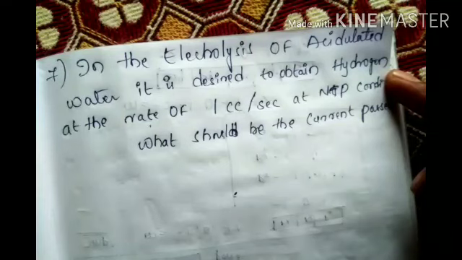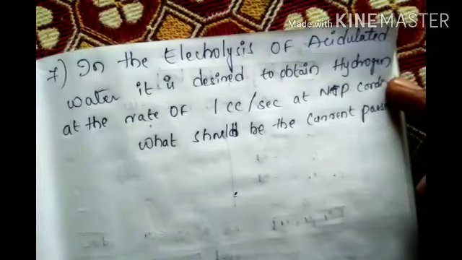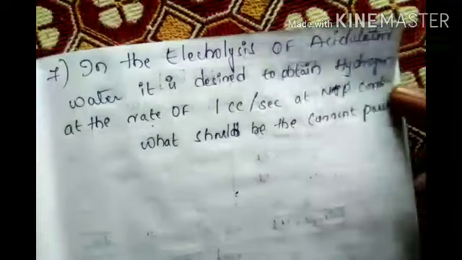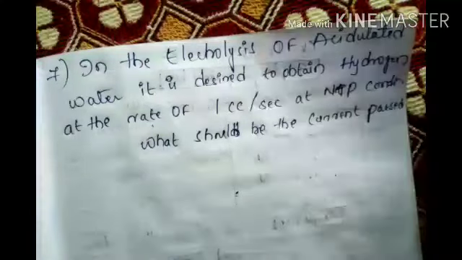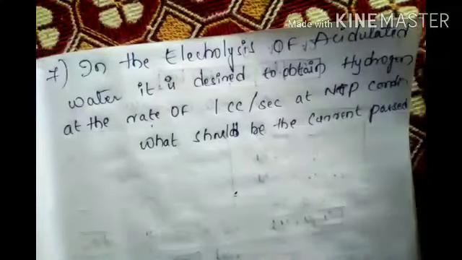Each second 1 cubic centimeter is desired, at normal temperature and pressure conditions, NTP. What should be the current passed?